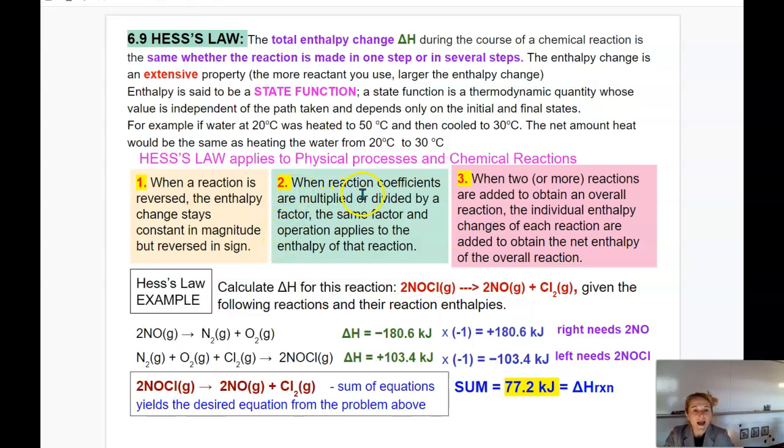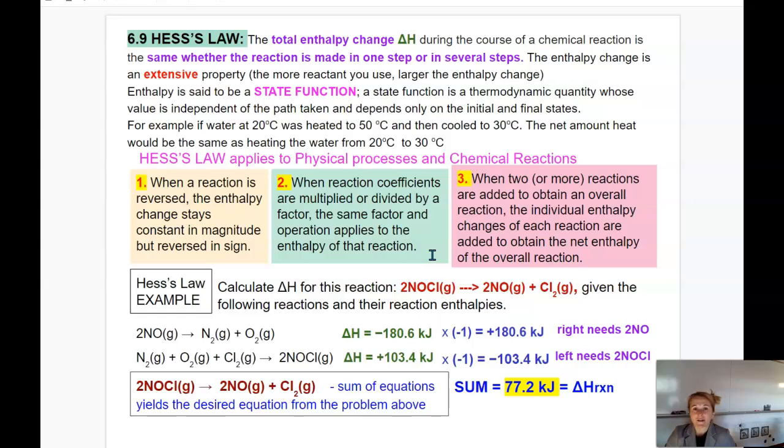Number 2, when reaction coefficients are multiplied or divided by a factor, the same factor and operation applies to the enthalpy of the reaction. What I tell students is treat energy as a reactant or a product, depending on the type of reaction we have.